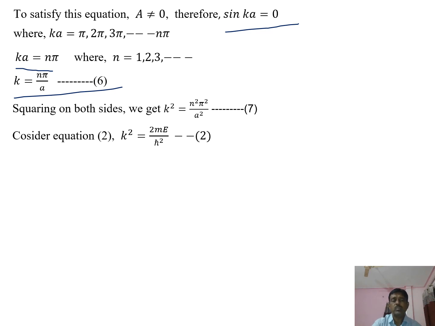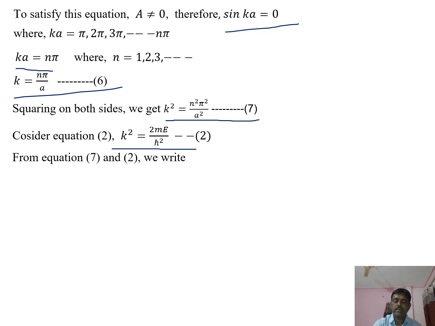Consider equation number 2: k square is equal to 2mE divided by h cross square. Comparing equation number 2 and equation number 7, we write 2mE divided by h cross square is equal to n square pi square divided by a square.